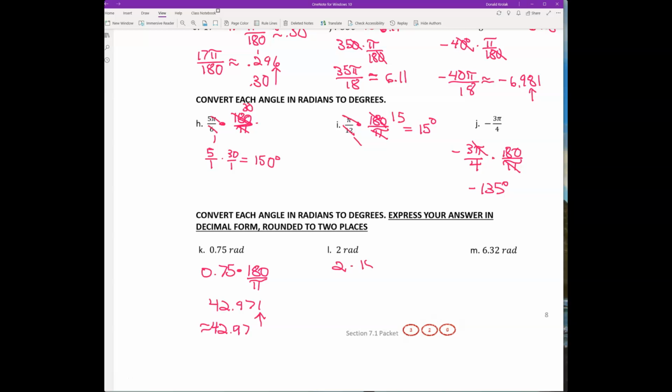Okay, 2 radians times 180 over pi. So that's 360 over pi.